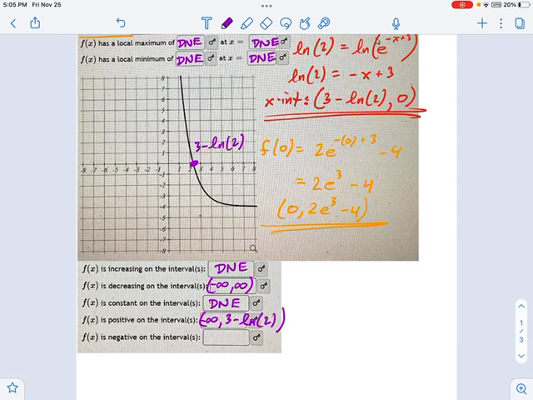That's the point where it stops being positive. And then it starts being negative just after that point. So we'd say 3 minus natural log of 2, that's the x-coordinate, out to infinity. And those values are all negative. Remember this 3 minus ln of 2? This thing right here, that is a number. We just don't use the decimal value. We use the exact value for it.